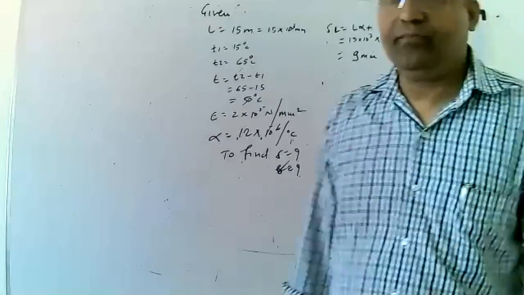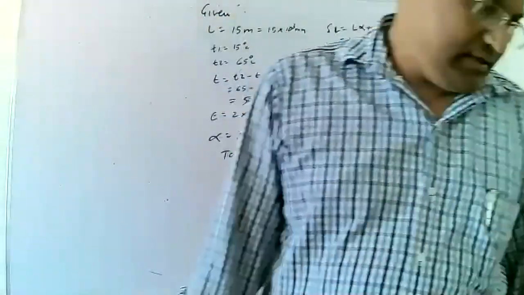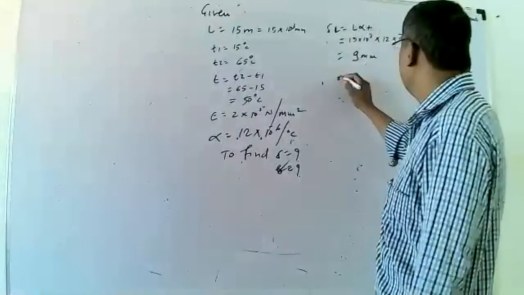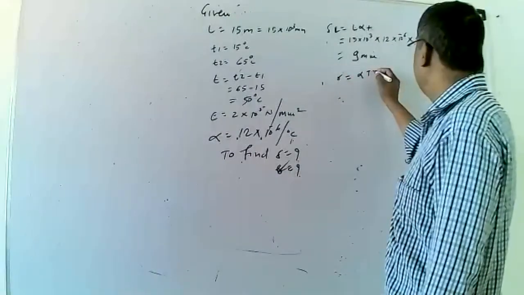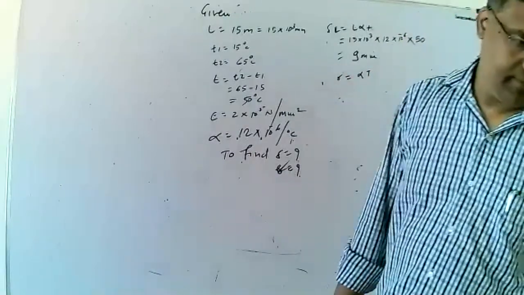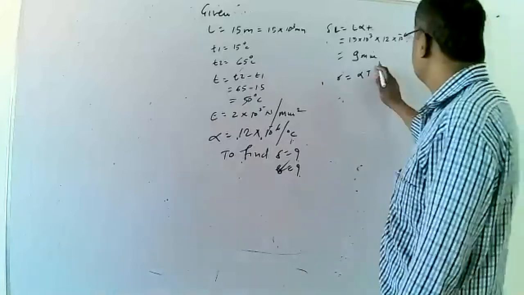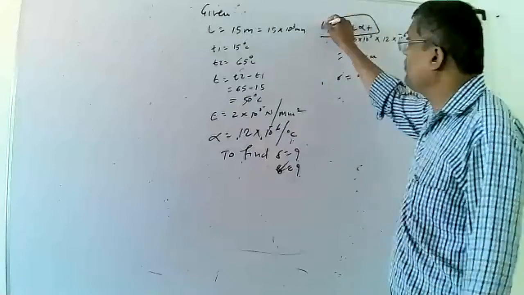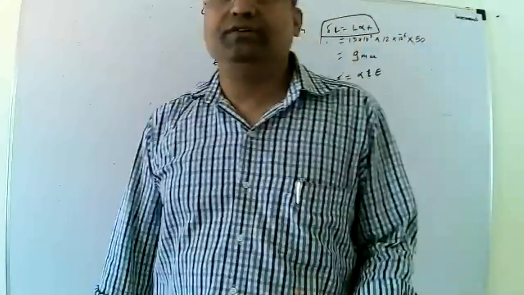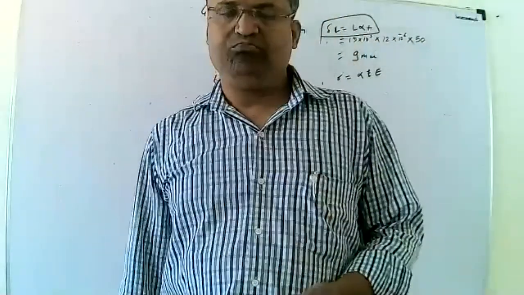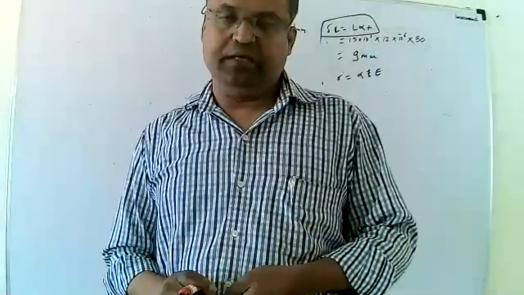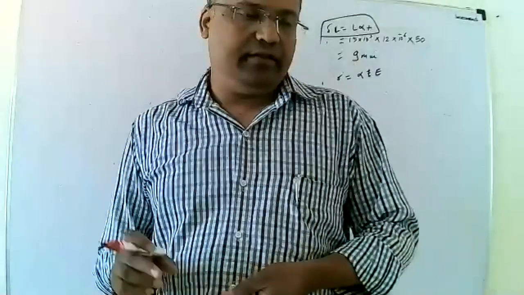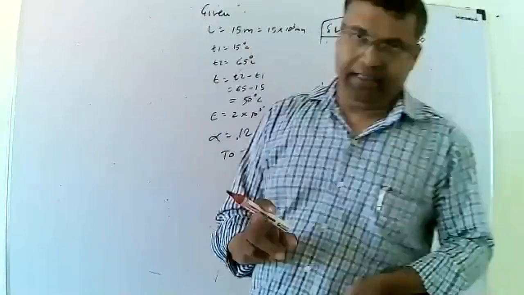Once we calculate delta L, then find the stress, sigma equals alpha t E. These are very important formulas for finding the change in length, meaning the expansion of the bar, delta L. That formula is L alpha t.